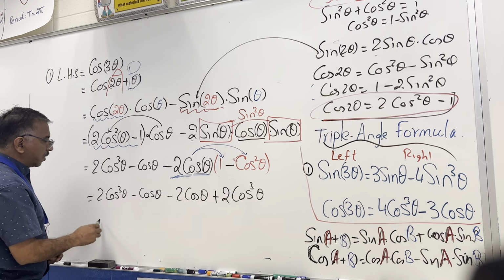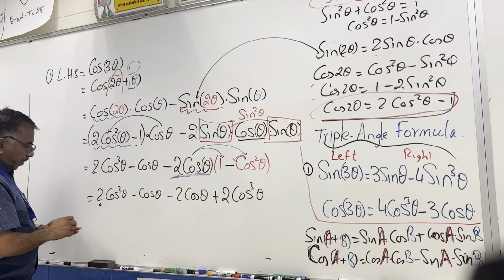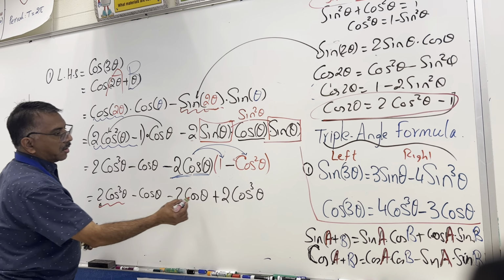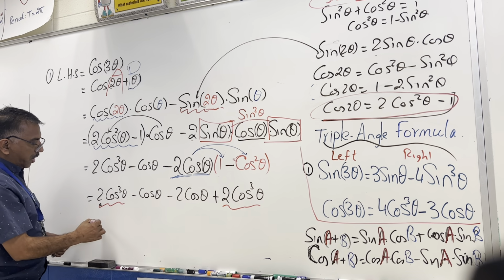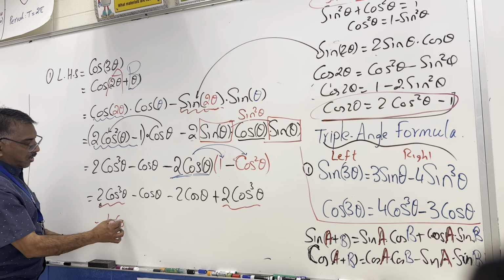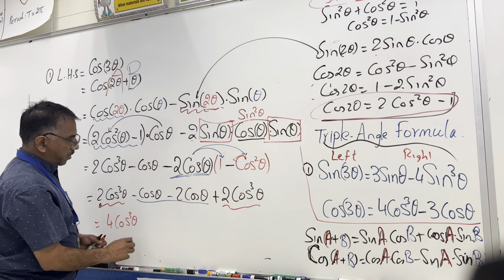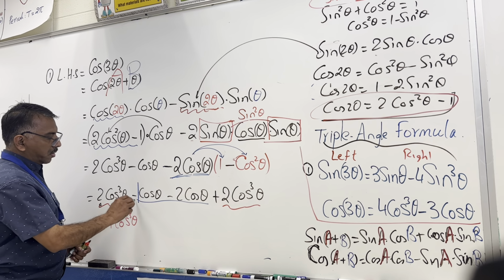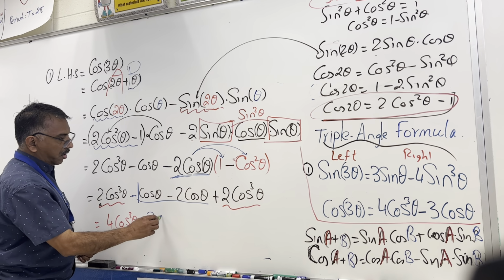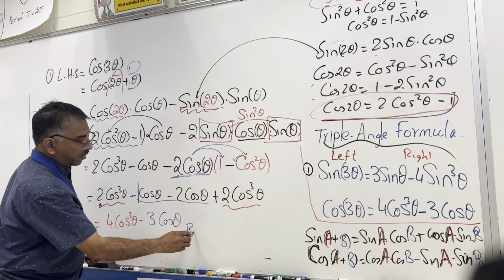If you combine this, this 2 cosine cube and this 2 cosine cube together will become 4 cosine cube theta, and this together will give you, this is minus 1, so there's a minus 2, so minus 3 cosine theta, which is the right side.